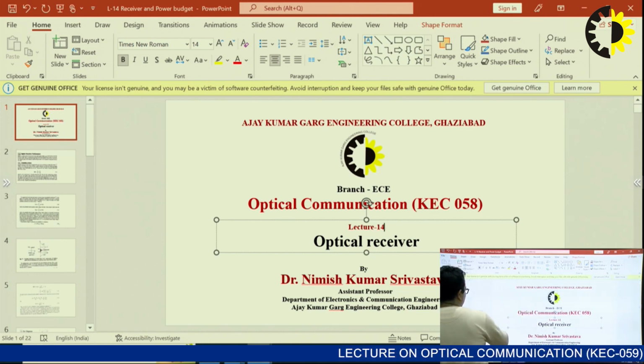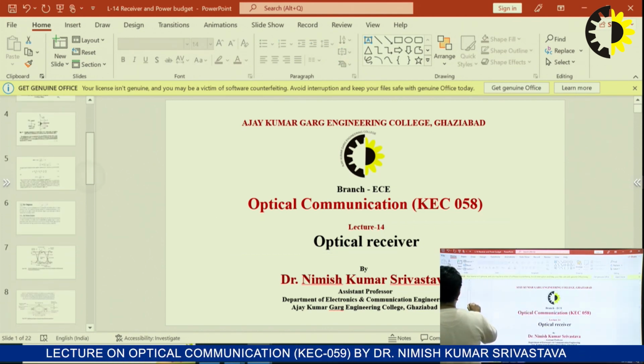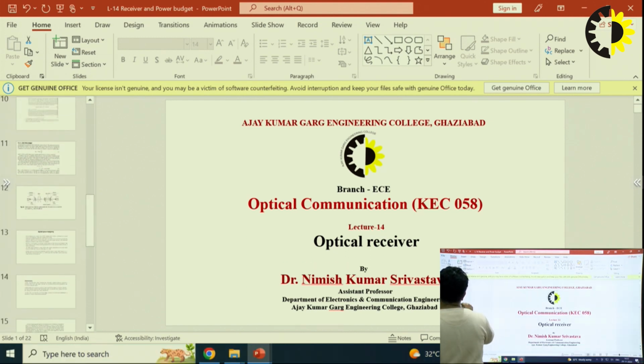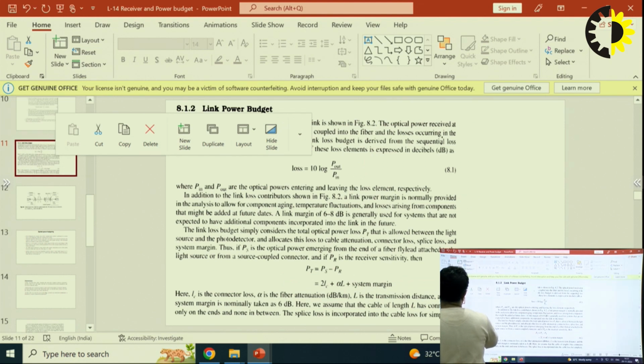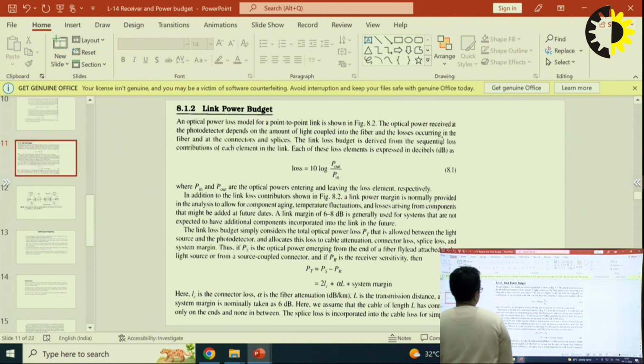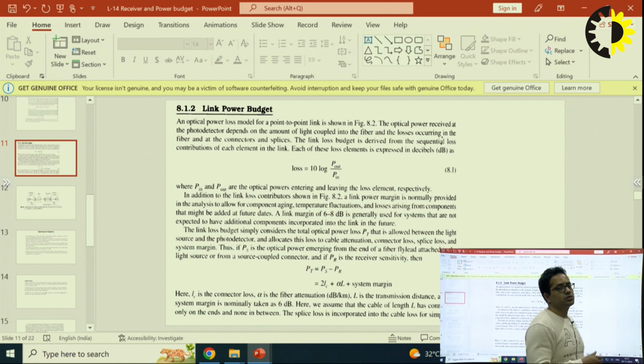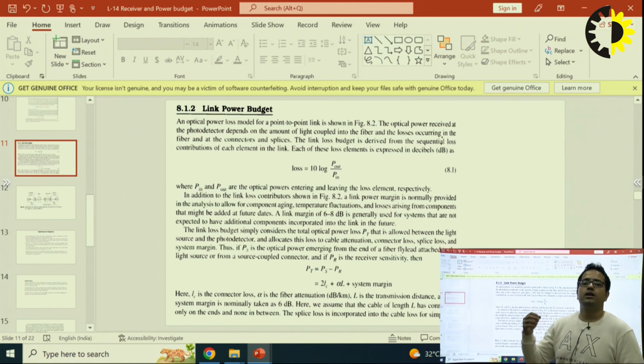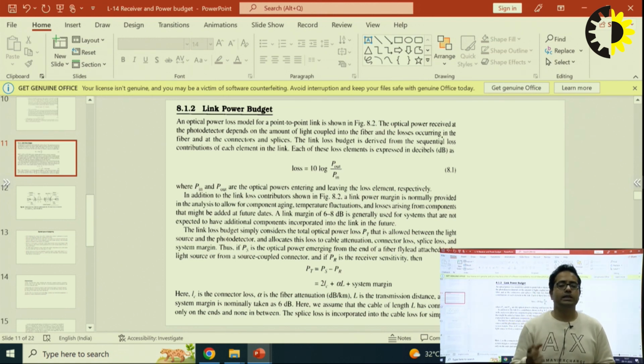Now, an important topic related to this unit on optical communication is, once we have the information about all the sources, laser as well as LEDs, which one is better for coupling the light.